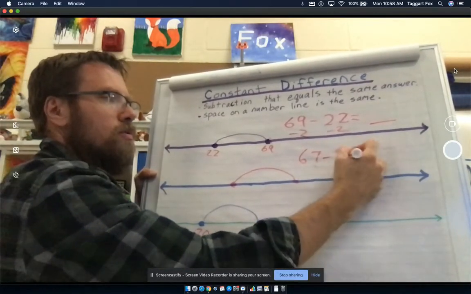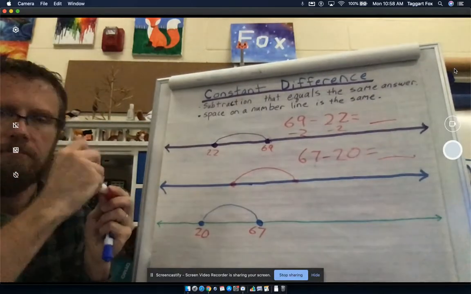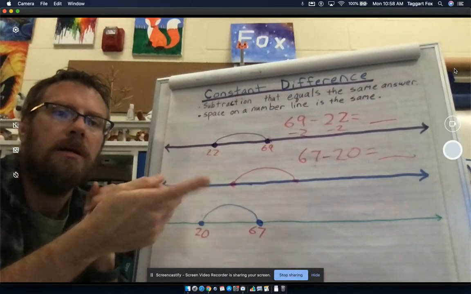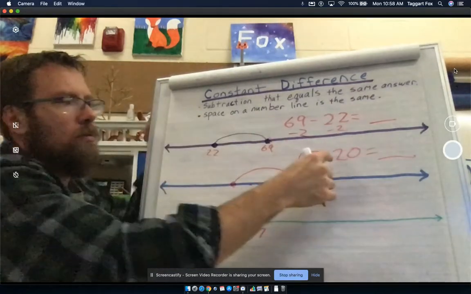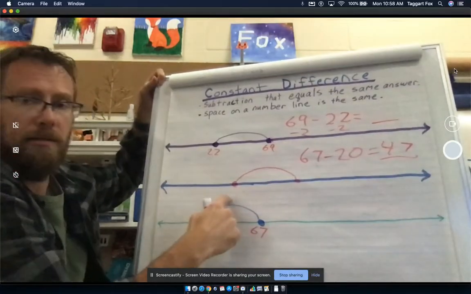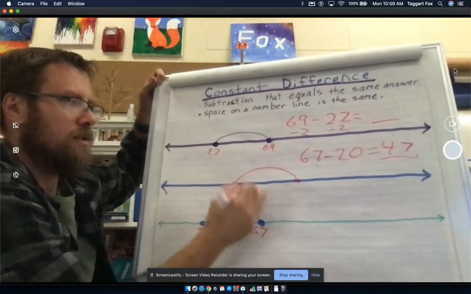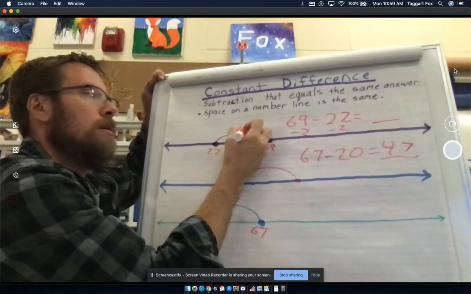67 minus 20 is my new math problem. And can I do that one in my head? Yeah, 67, 57, 47. So my tens place goes back to 47 is my distance. Well, guess what the distance is here? That is right. Also 47.